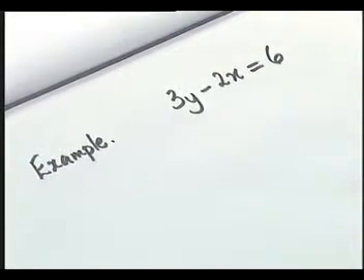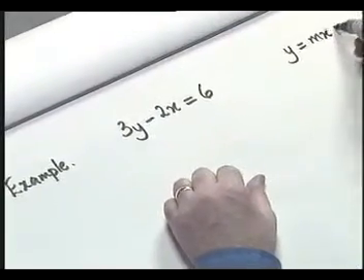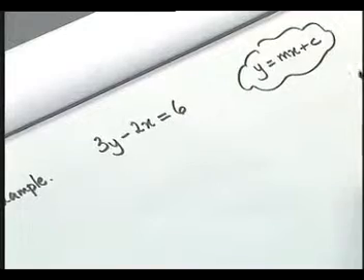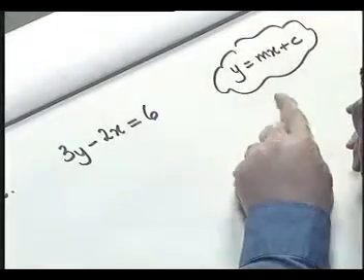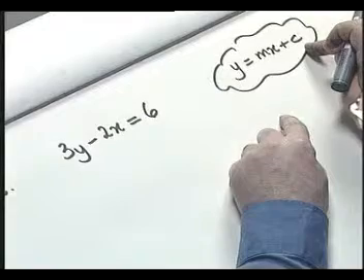Now at first sight, that doesn't look as though it's in the form y equals mx plus c, which is our recognisable form of the equation of a straight line. But what we can do is some algebraic manipulation on this to try to write it in this form. And one of the advantages of doing that is that if we can get it into this form, we can read off what the gradient and the vertical intercept are. So let's work on this.